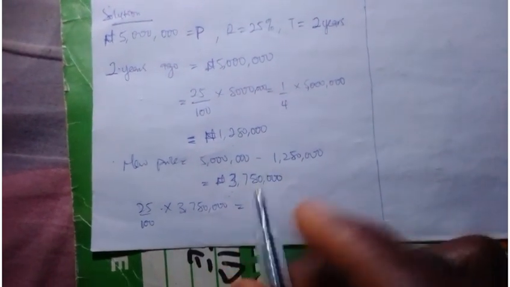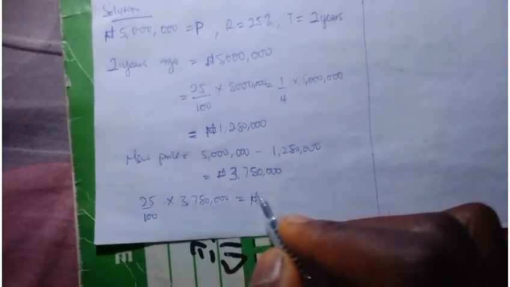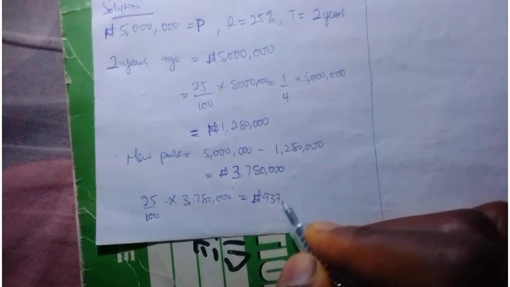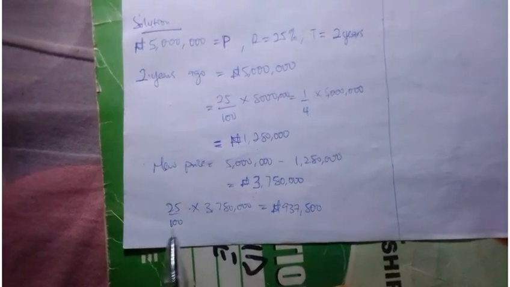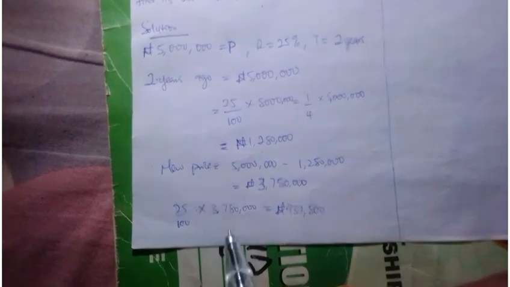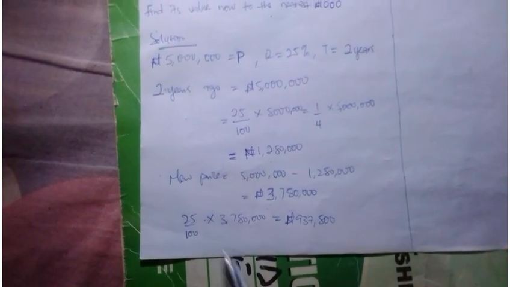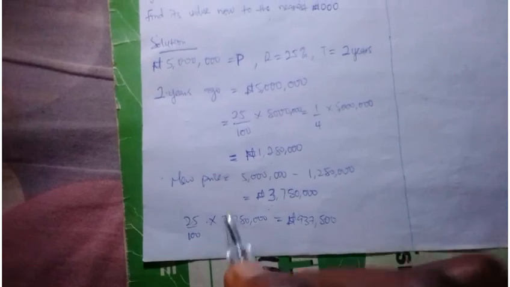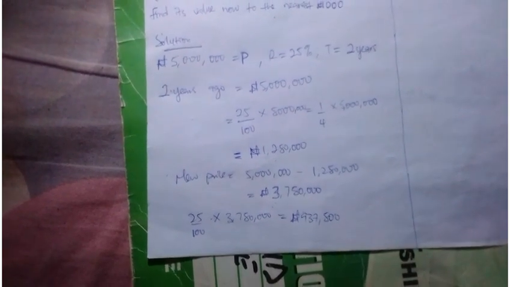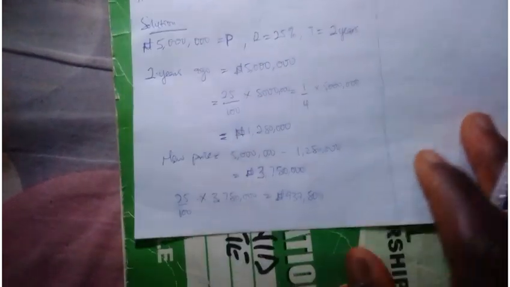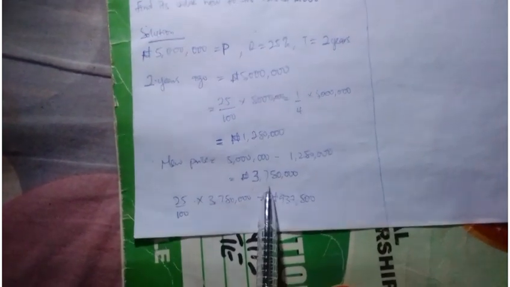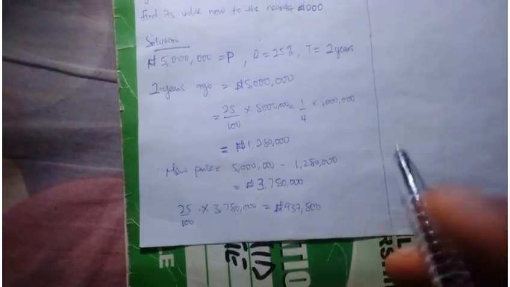Now we multiply, and we're going to get 937,500. Now this is the discount, or the depreciation value of the car's price early last year. Now let's subtract from last year's original price to get the new price for this year.